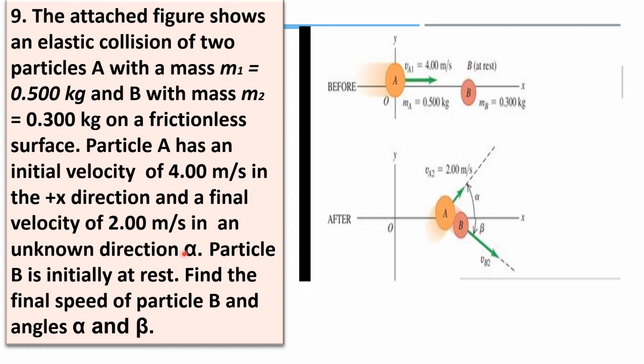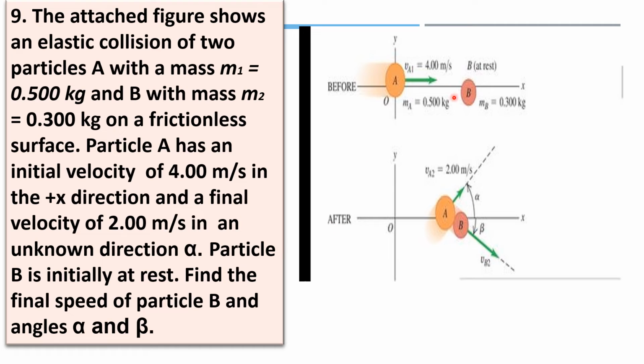That's the angle denoted by the Greek letter alpha. Particle B is initially at rest. So you have to find the final speed of particle B and the angles alpha as well as beta.